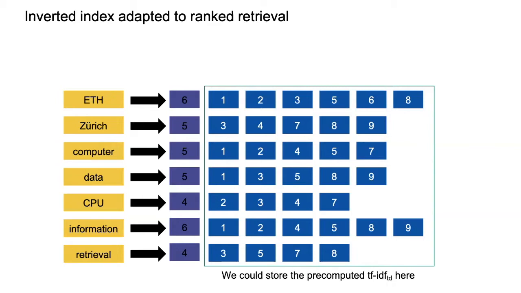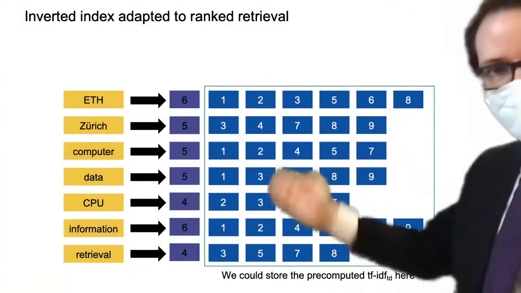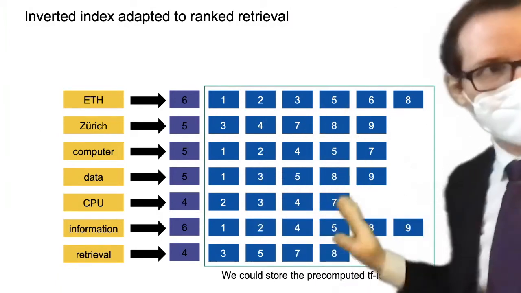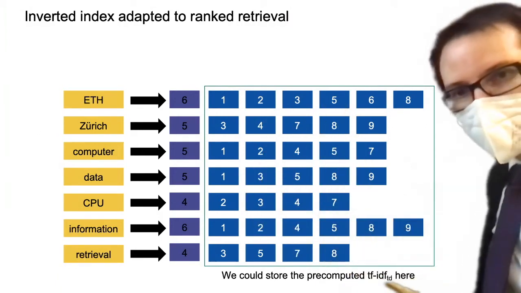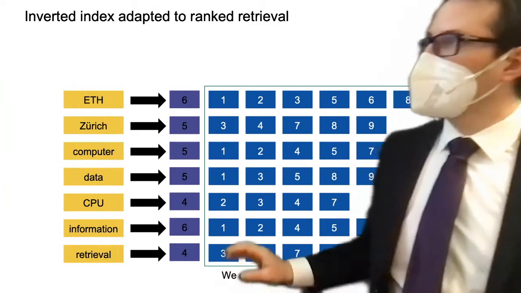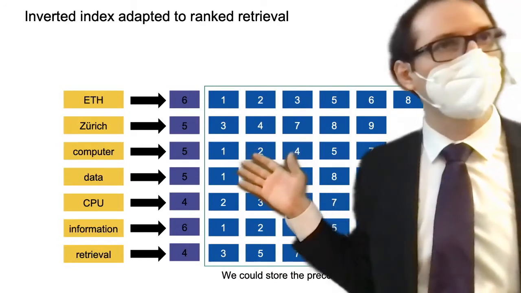What is the subscript of the TF? It's the term in the documents. So the term is the row, and then each posting is a different document. So for the term frequency, it kind of makes sense. But what is the IDF of a term? Is there actually anything in there that could help me compute the IDF?